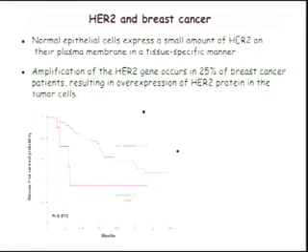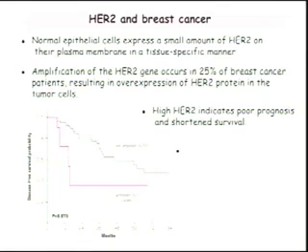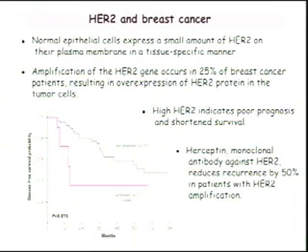So the prognosis is really bad. Those patients with HER2 mutations live a much shorter life and suffer much more. The interesting part is that people don't quite understand what caused the HER2 mutations. As I said, high HER2 indicates poor prognosis and shortened survival.